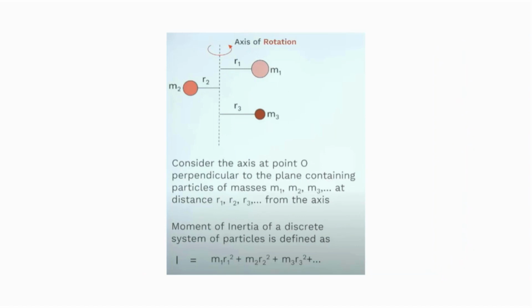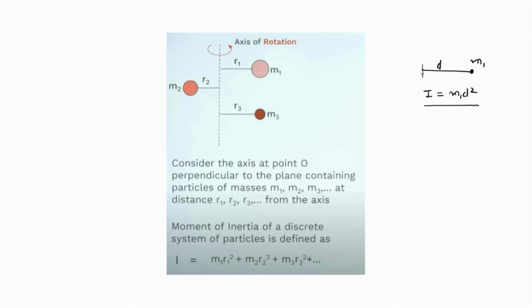If you need to find the moment of inertia of a system of particles, let's say I want to find the moment of inertia about this point for a mass m1 which is distance d away from this point. Then the moment of inertia I will be equal to m1d square.